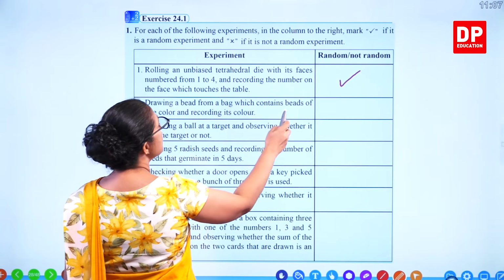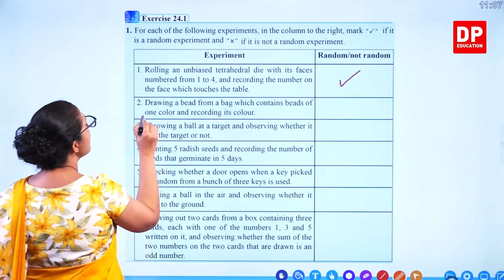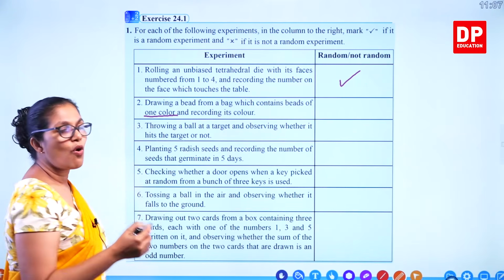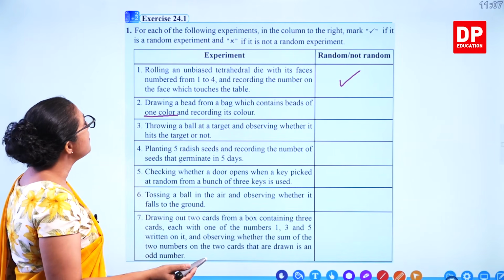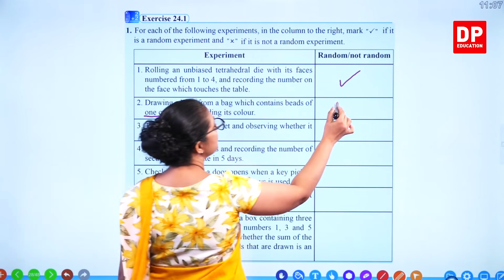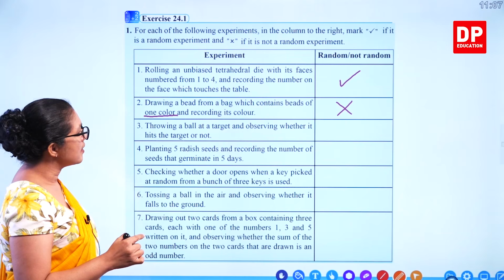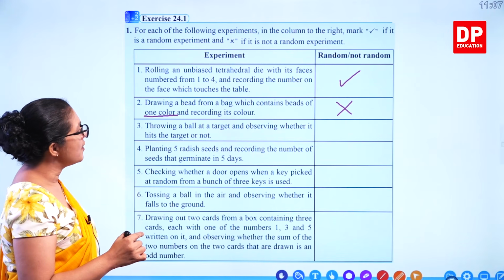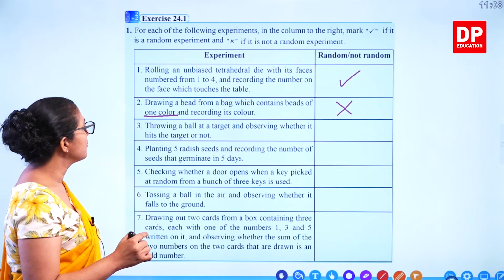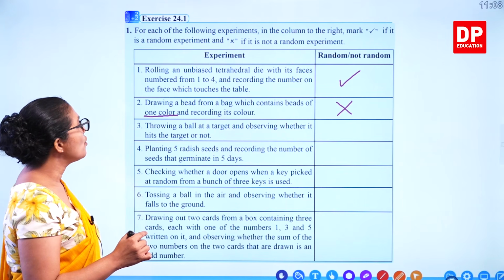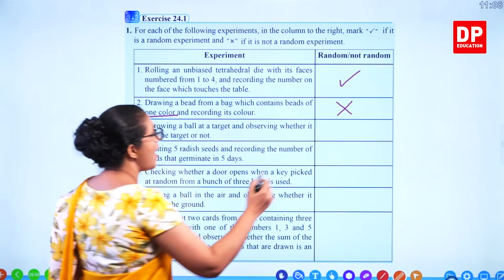So here it says contains beads of one color. So always you get the same color. So this is not a random experiment. Throwing a ball at a target and observing whether it hits the target or not. So we don't know whether it hits or not. So that's a random event.